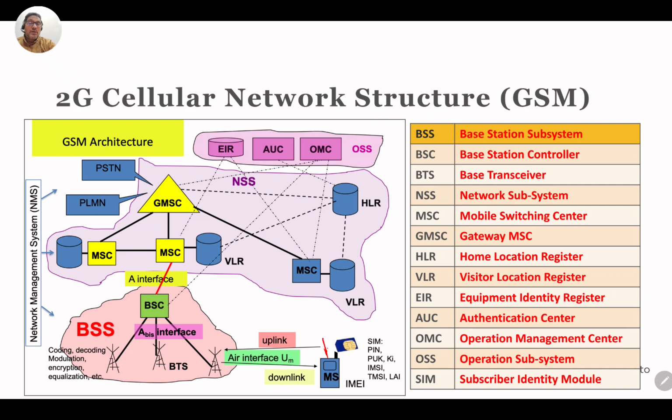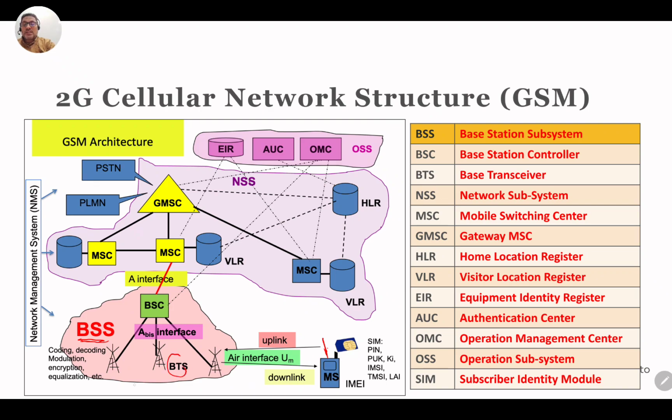And if you remember, we said that we have the radio access network, or radio access path. Here in the GSM standard, it is called BSS. BSS means base station subsystem. The base station subsystem consists of base stations or base transceivers. In the GSM standard, we call them base transceivers.